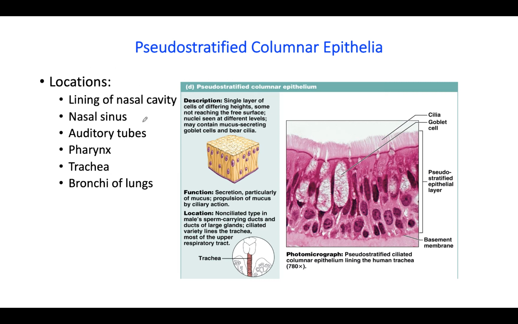This is the main region where we can observe pseudostratified columnar epithelia. Since it's almost always ciliated, look here, this ciliated form lines the trachea and most of the upper respiratory tract. So here, the cilia are longer than microvilli.